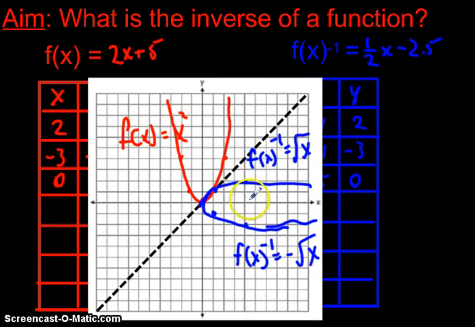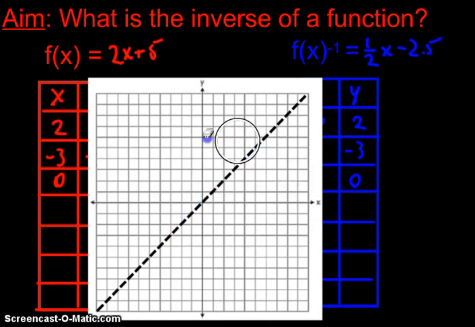Alright, so if I made up any other function, we should be able to find its inverse by just graphing it. So let's do that now. Any function in the world. So let's say I had the function f of x is equal to the square root of x. Well, that's this function.